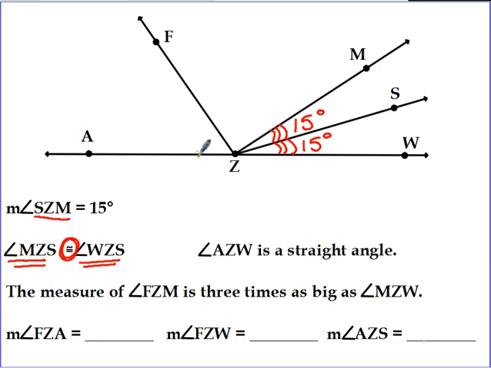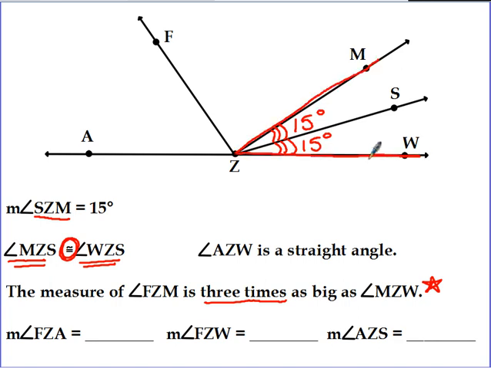Now this piece of information here is a little bit tricky. The measure of FZM, that's this angle here, is 3 times as big as MZW. So the first thing I'm going to do is look at MZW. MZW is that angle there.